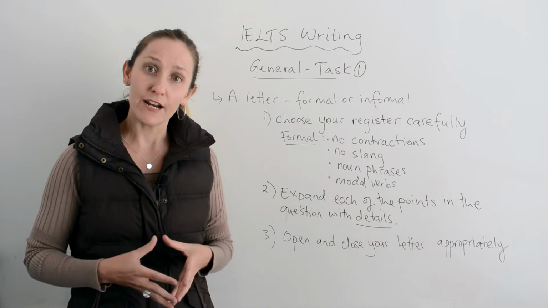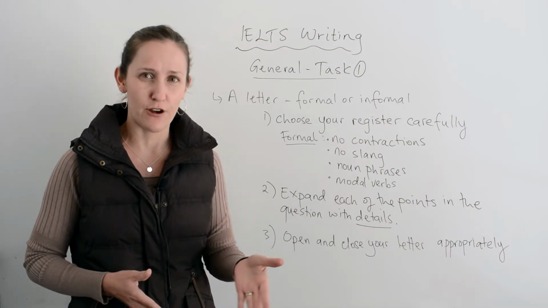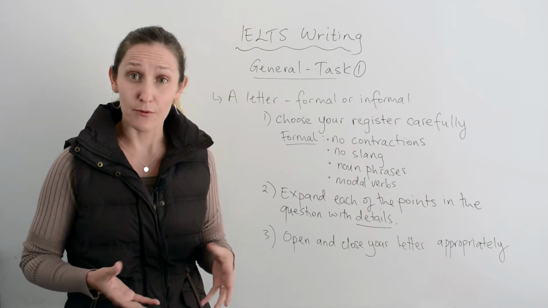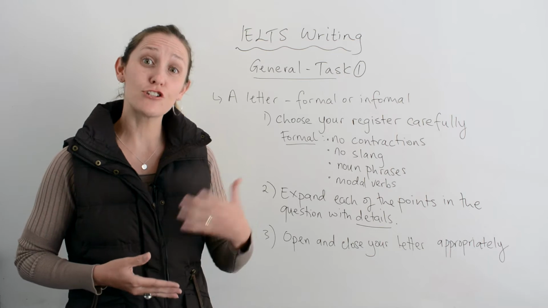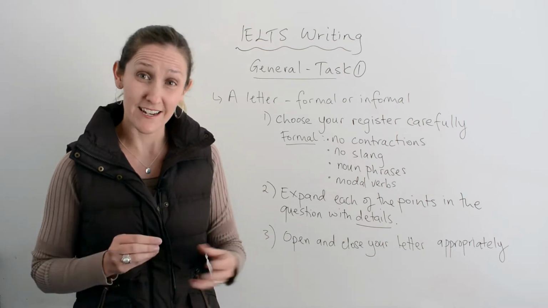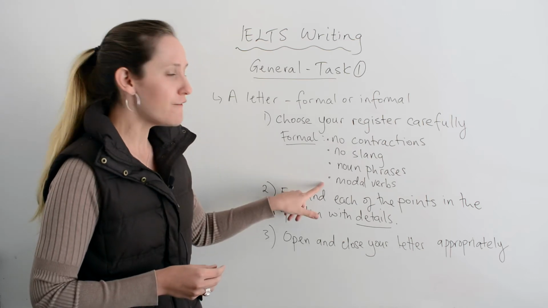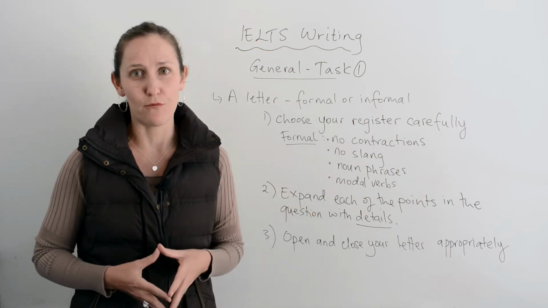Thirdly, formal language usually focuses on noun phrases rather than verb phrases. So for example, rather than saying thank you, you can say I'd like to offer my thanks, in which case thanks is a noun. Finally, the use of modal verbs is really important in formal writing.